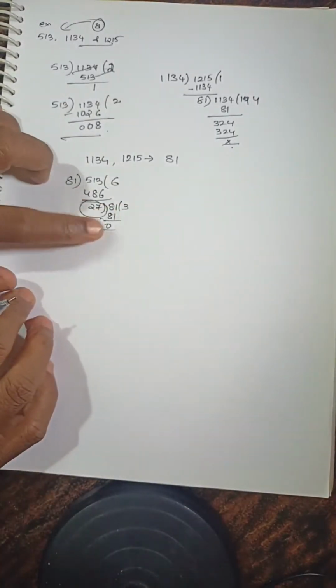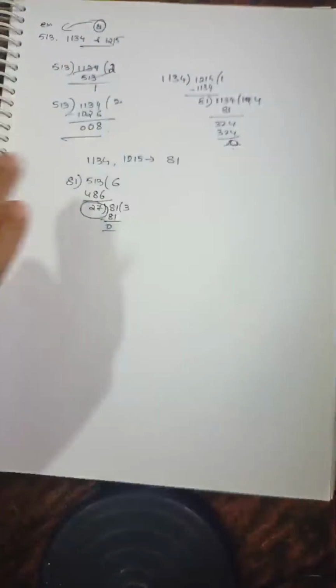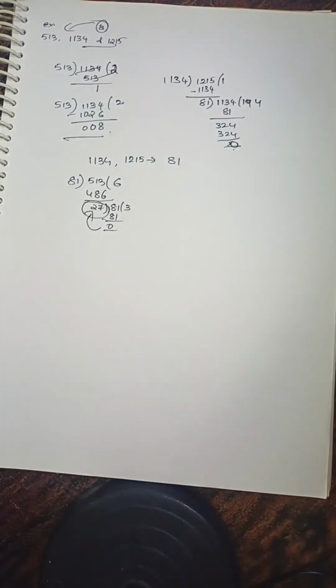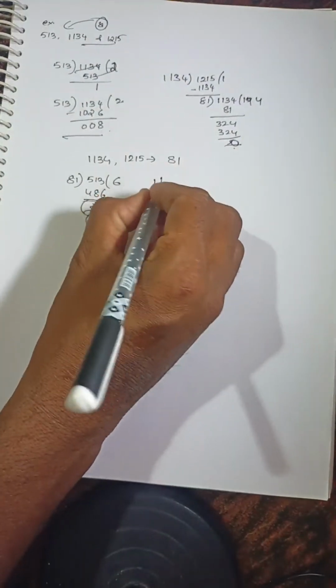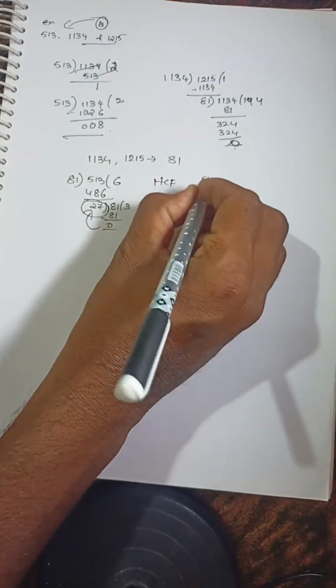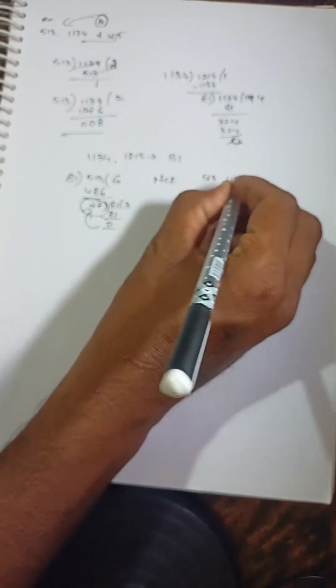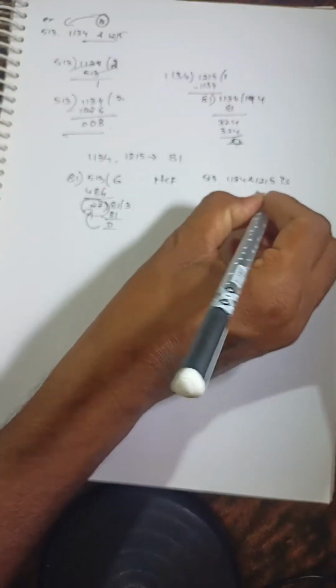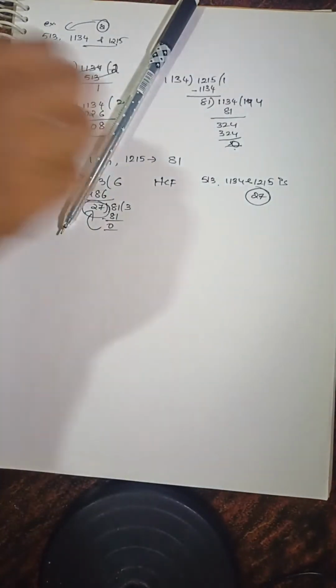If the remainder you are getting is 0, the divisor before that is the answer. So the highest common factor of 513, 1134 and 1215 is 27.